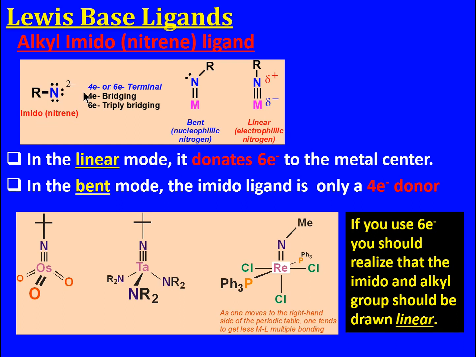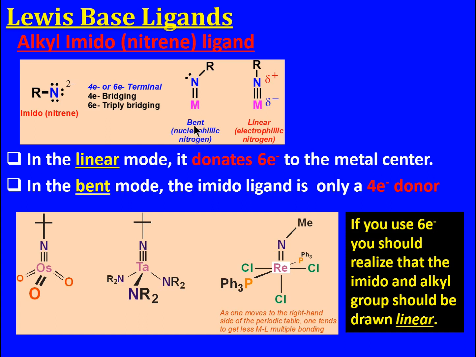As in the case of the amide, the donation of the imido or nitrene depends on its structure obtained with the metal M. And note also that the structure is obtained by experiment.